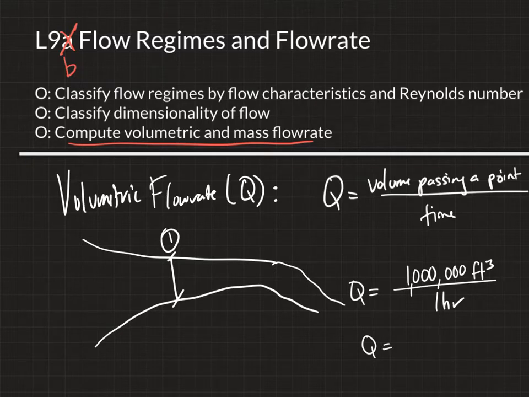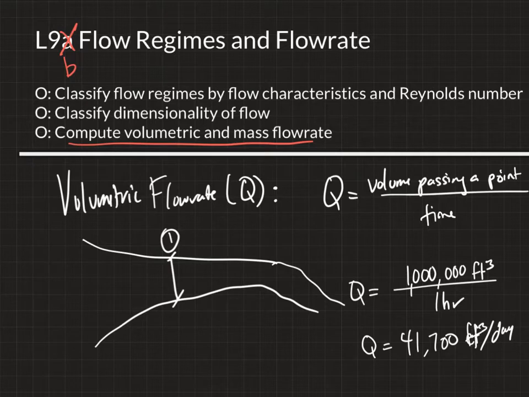We don't usually use cubic feet per hour. So you'd probably have to change it to something like cubic feet per day, maybe. Feet cubed per day, if you wanted to. That's not really all that great.